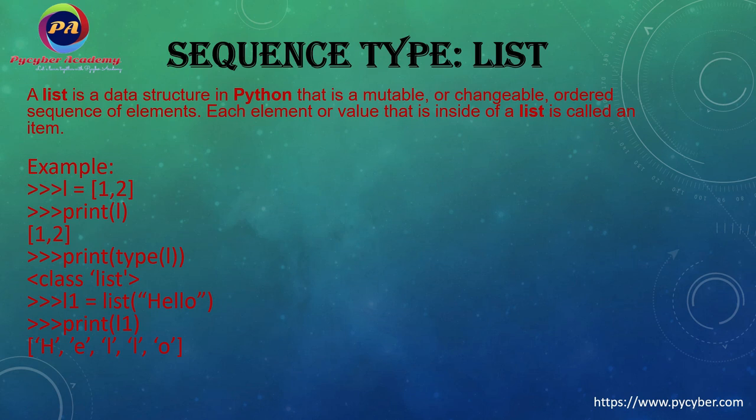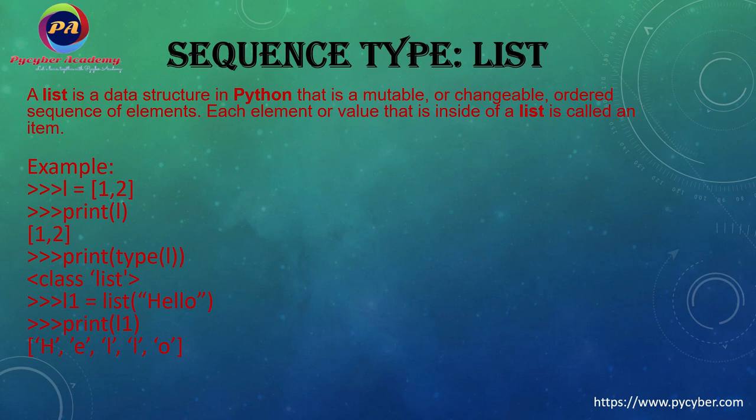It will not change their positions because it's an ordered sequence, so it maintains the order of the items. Now if we print L, we can see the output, a list 1 comma 2 having two elements 1 and 2. If we check the type of this variable L, we can see that it belongs to the list class.